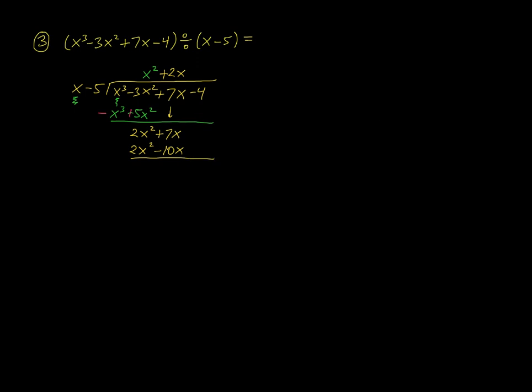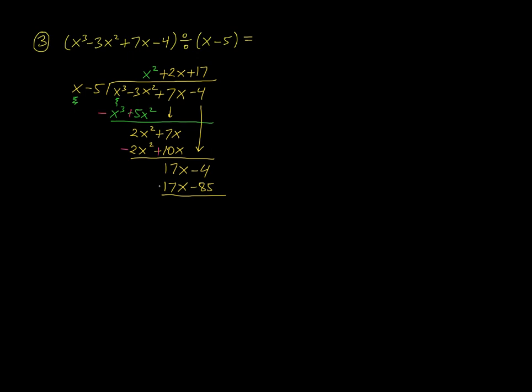Go ahead and subtract by changing signs and adding. And that's going to give us a 17x. And then finally carry this negative 4 down. x goes into 17x 17 times, and now distribute: 17 times x is 17x, and 17 times minus 5 is minus 85.